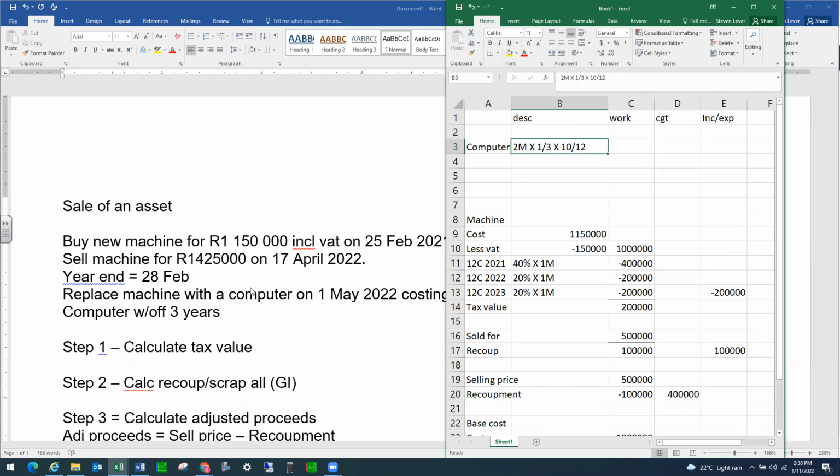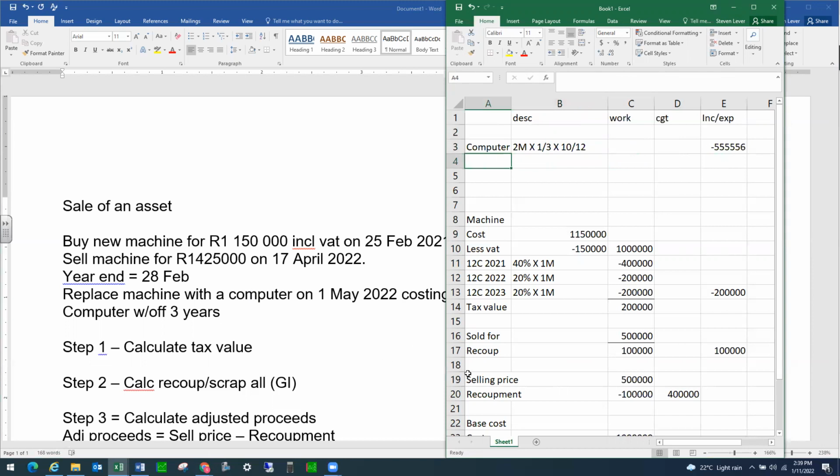If someone makes a mistake on their calculator or doesn't count months properly, it's best to get 1 out of 2. So it's 2 million divided by 3 years times 10 divided by 12. There's your calculation.